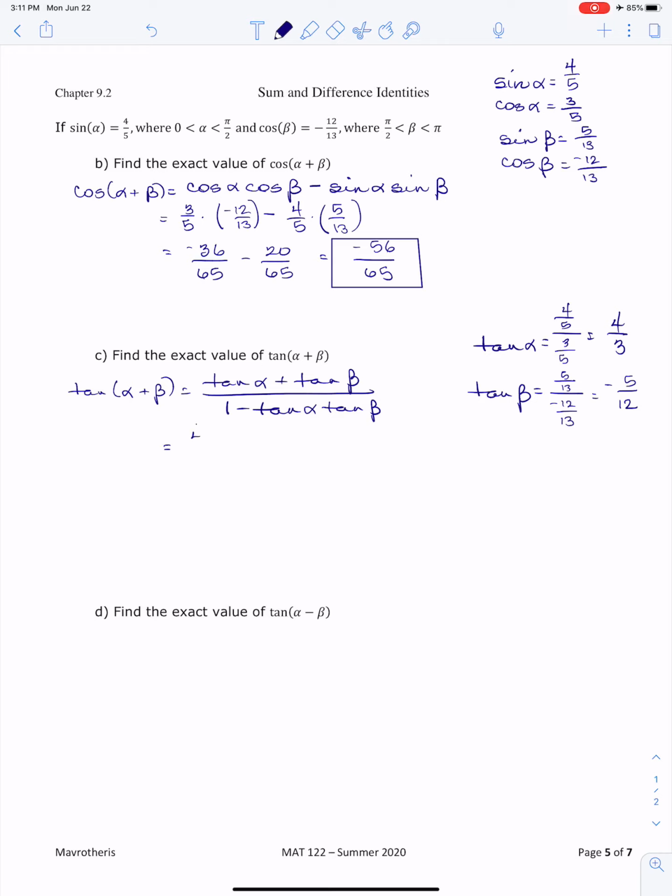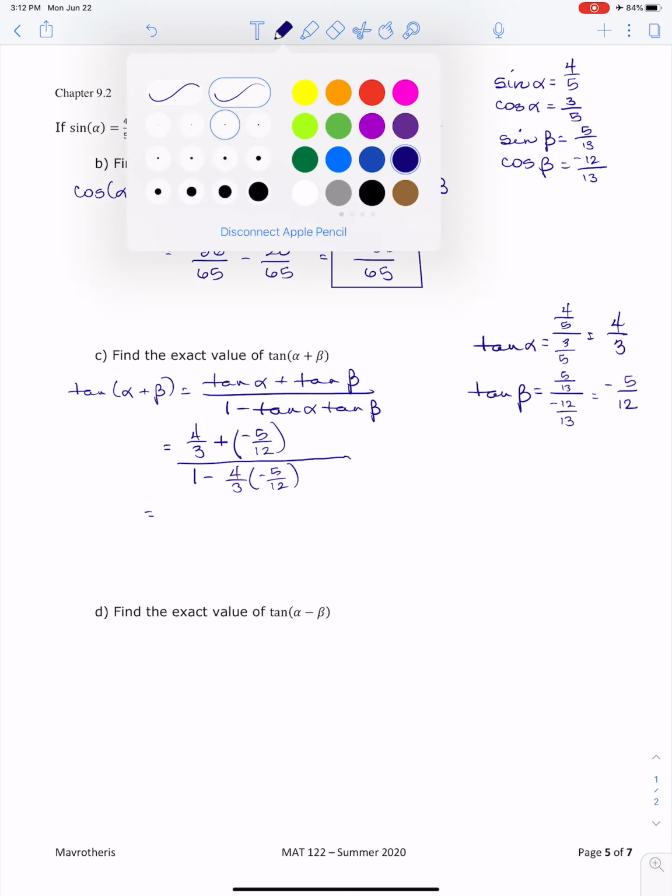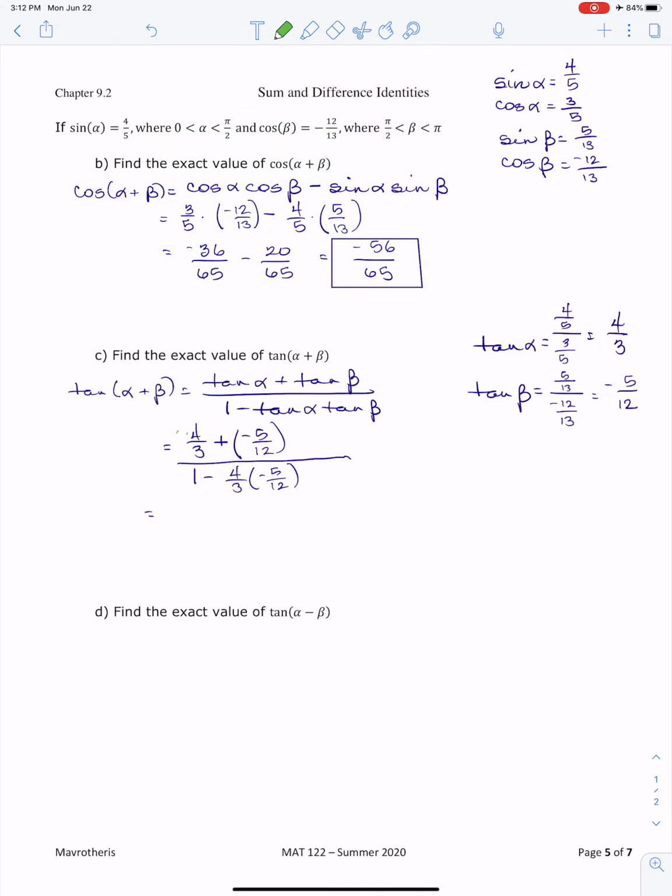Tangent of alpha is 4/3. Tangent of beta is negative 5/12, over 1 minus 4/3 times our negative 5/12. Let's see, we need to get a common denominator in the numerator, so I'm going to go ahead and multiply my 4/3 by 4/4.